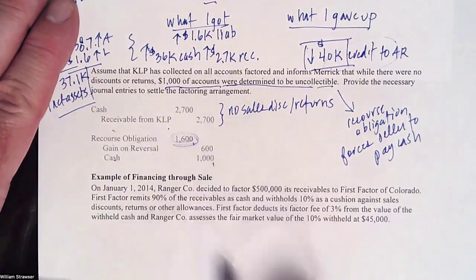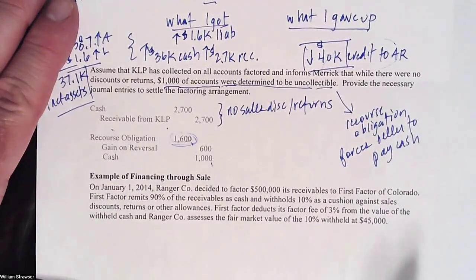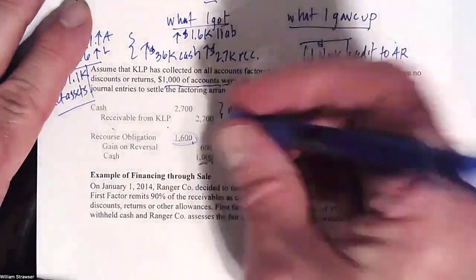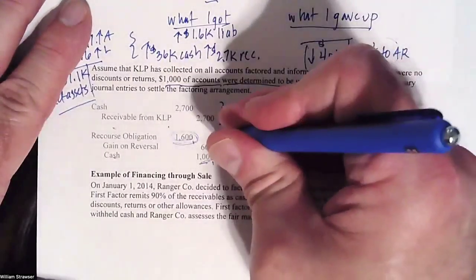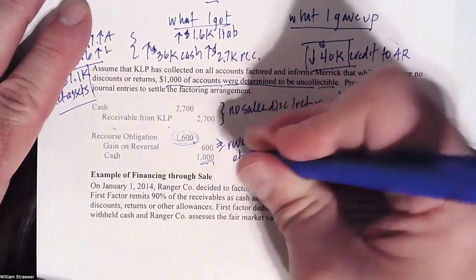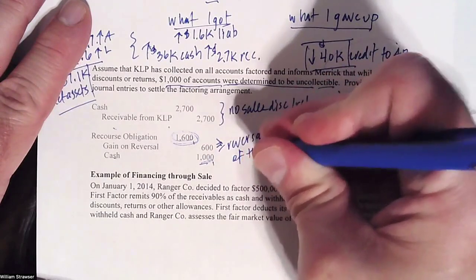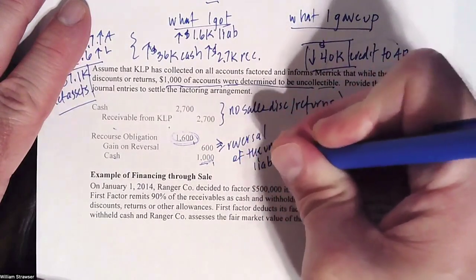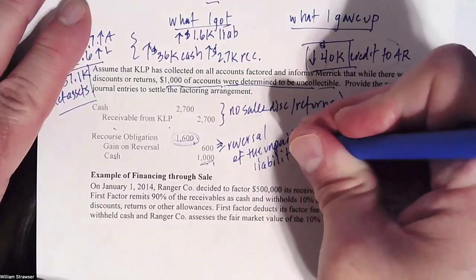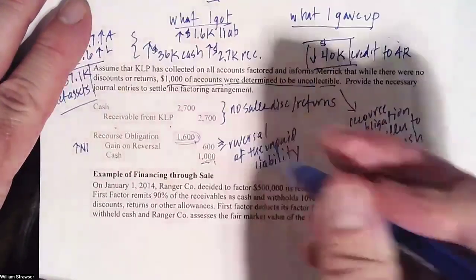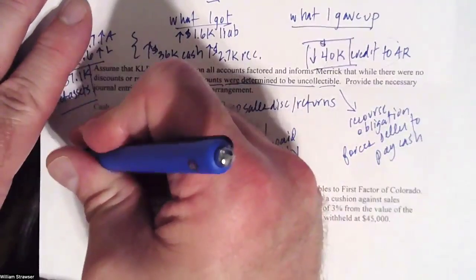$1,600 is what we assumed we would have to cover, but we didn't have to cover the full 1,600. We only covered 1,000. This is a reversal of the unpaid liability. I didn't have to pay all 1,600, only had to pay 1,000. So I get to recognize a small gain when I don't have to pay the rest of that.